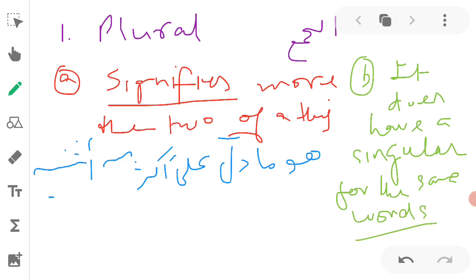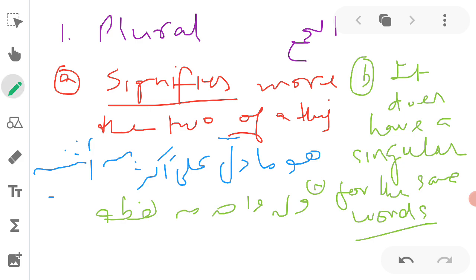I'll explain in a minute. So basically the plural adds to the words in a singular. Plural contains all the words which are in singular. So in Arabic we can say walahu wahid min lafzihi. When we give examples it would be clear.